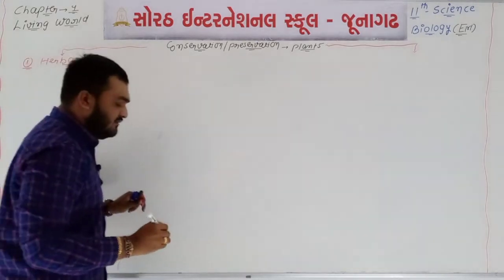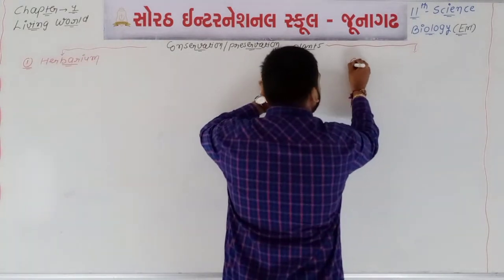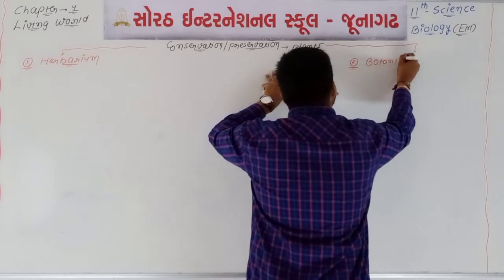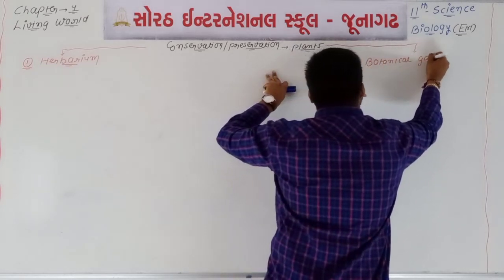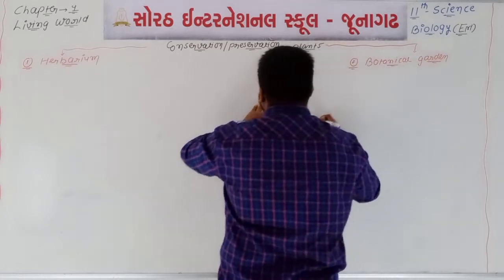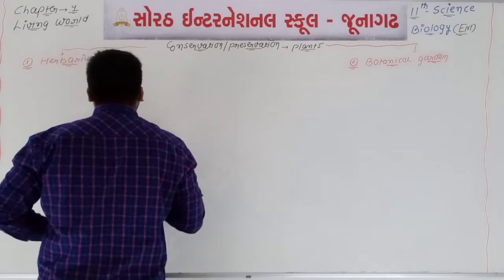What about the second one? The second one is known as the botanical garden. The first one is about the herbarium and the second one is about the botanical garden.